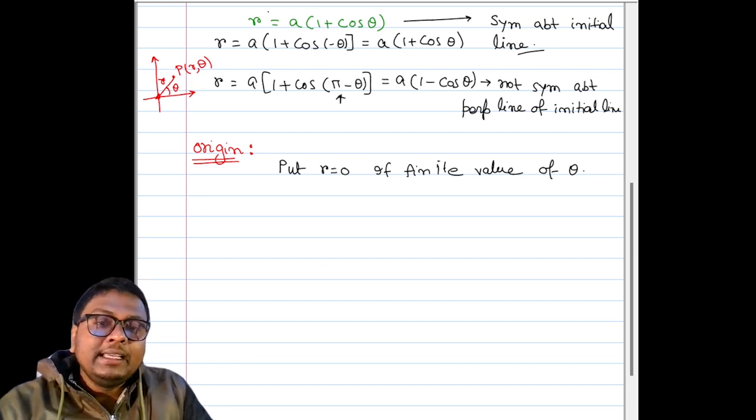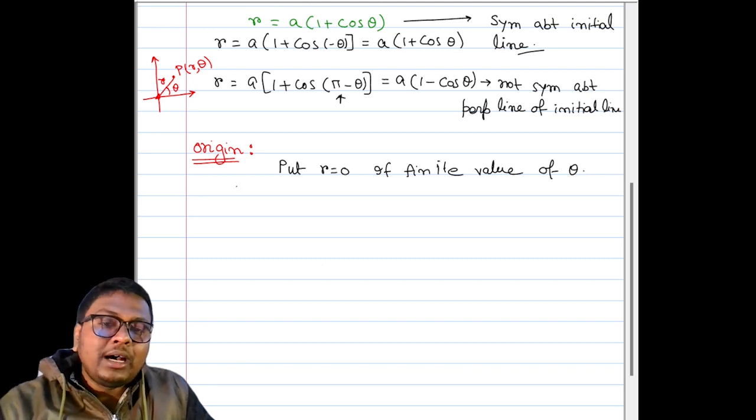So just check this example. Putting r equal to 0, we get 0 equals a into 1 plus cos theta. Now we know that a is not equal to 0, so cos theta equals minus 1, so that means cos pi, so theta equals minus pi.